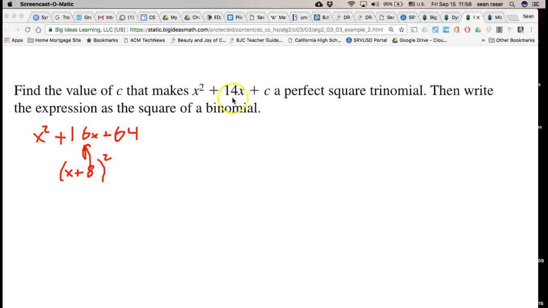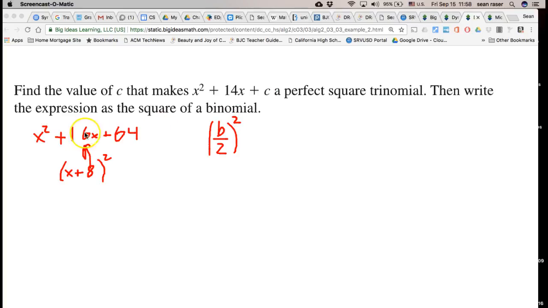So if we work backwards from here, with x squared plus 14x plus c, the way we find this value is we take our b value and divide it by 2. That tells us what half of it is. Then to find our missing c value, we just square this.